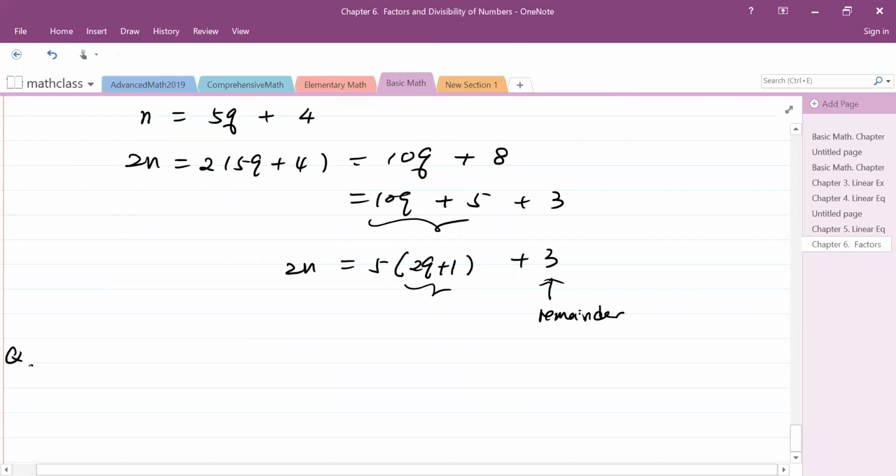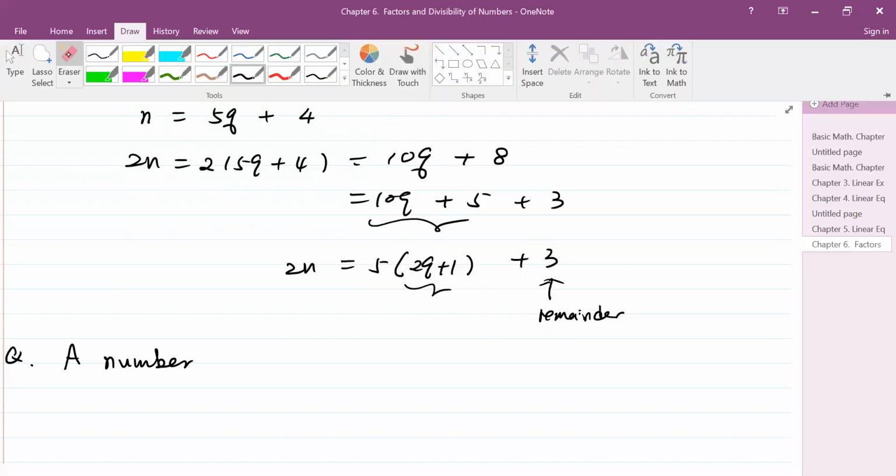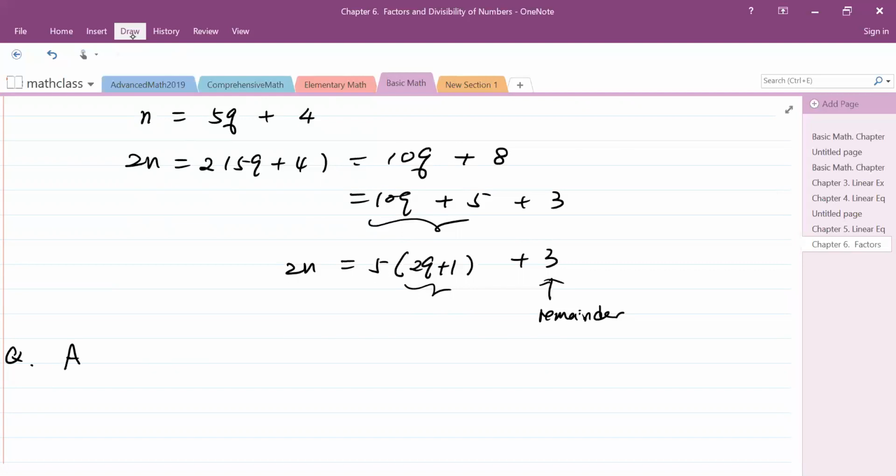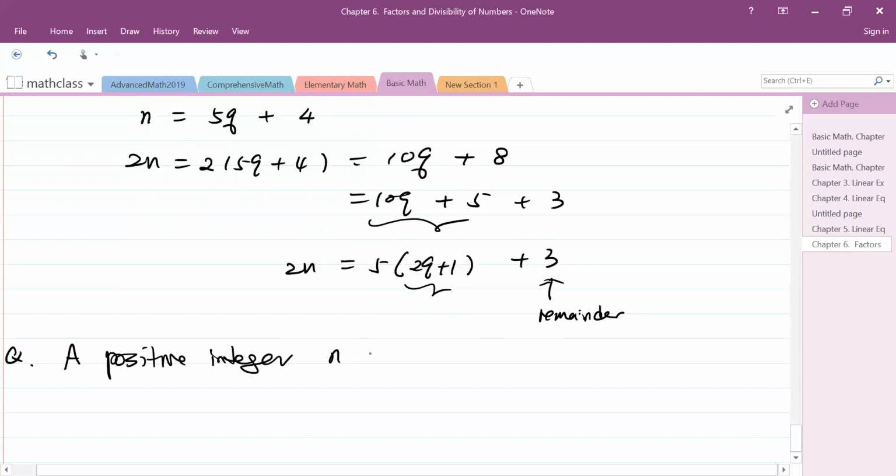Let's do a similar problem. A positive integer n divided by 7 leaves a remainder of 1.